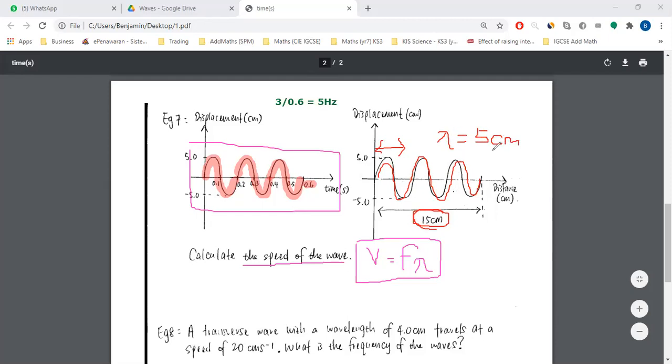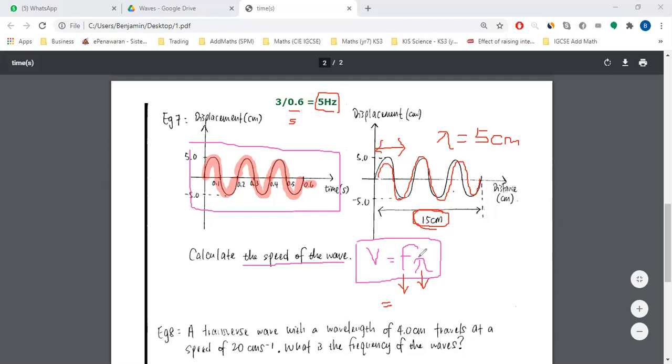Remember, you have to change it to meters, because frequency and wavelength must be in SI units. Frequency is in hertz, so you have to make sure the time is in seconds, only then can you put hertz.